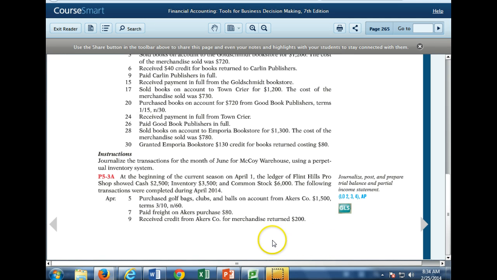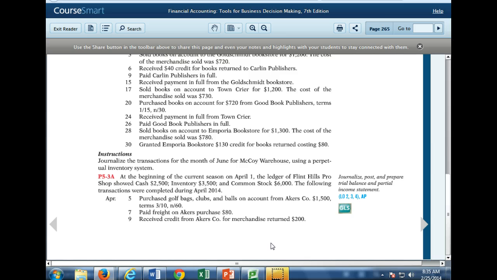So Avery, tell me about April 5th. How are we going to handle this one? We purchased golf bags, clubs, and balls on account from Acres Corporation for 1,500, terms 3/10, n/60. So if we purchase this inventory on account for 1,500, and we know we're going to utilize this discount, do we take this discount into account yet?